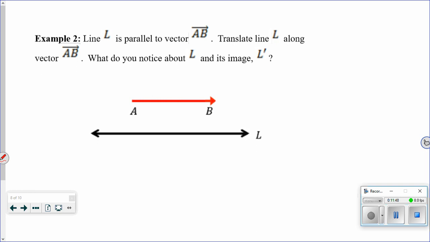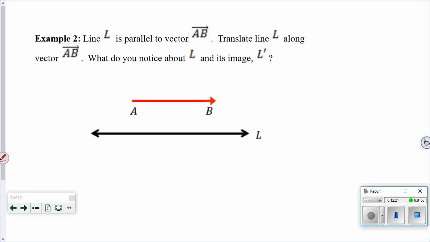Please try to do example 2 on your own, where it says line L is parallel to vector AB. Translate line L along the vector AB. Please pause this and try it on your own. Even though the vector is not on the line, all the vector does is tell us which direction to slide and how far.